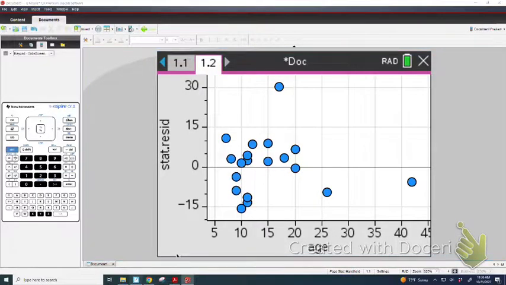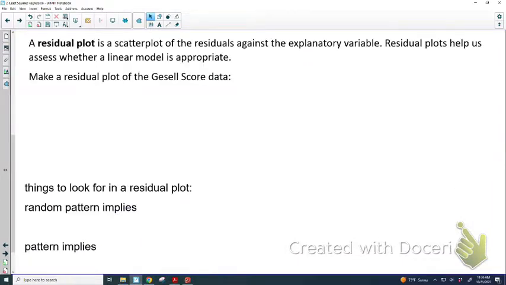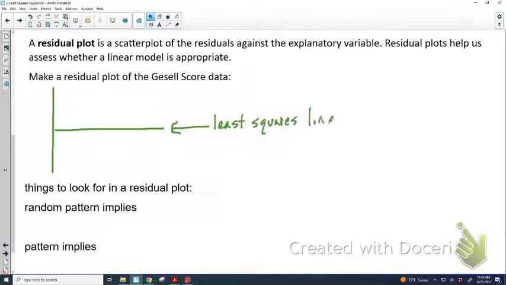So in your notes, I would just do a rough sketch. So I'm going off of memory here. We had a residual plot that looked like this. And by the way, this line right here is the least squares line. And each dot, that's how far it is from the predicted line.